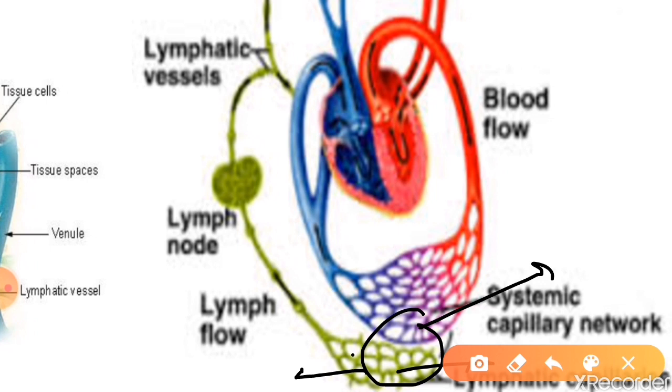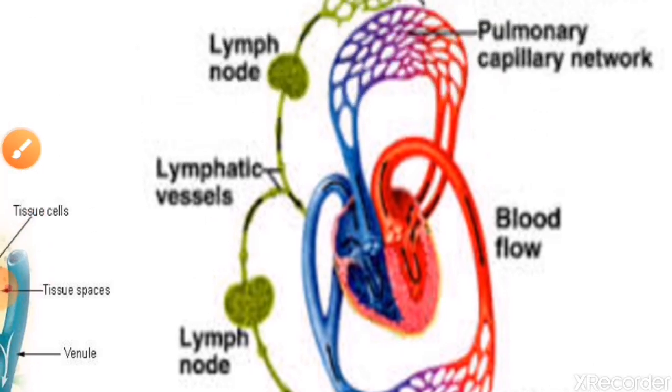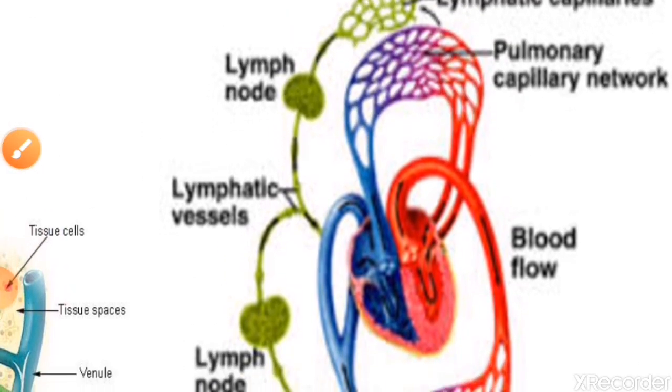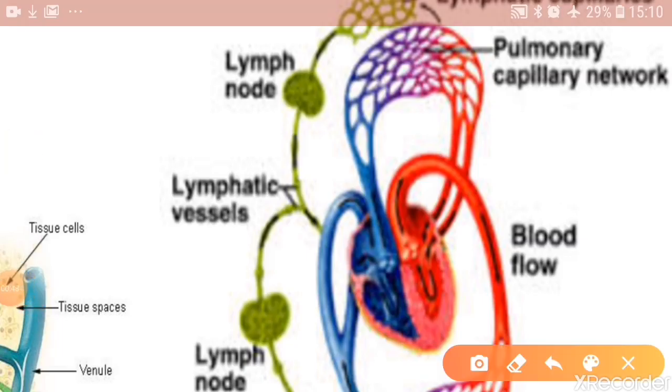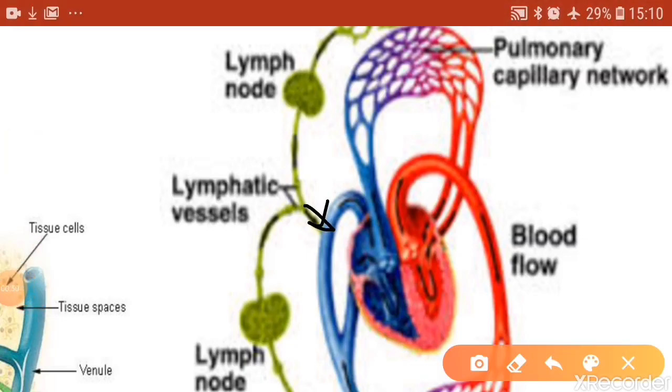Now these lymph capillaries join the larger vessels which are called the lymph vessels. So the lymph, which is a fluid that flows through these lymph capillaries, will flow through the lymph vessels, and finally all these lymph vessels will join the blood vessel.